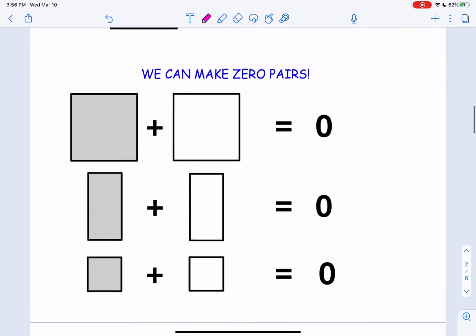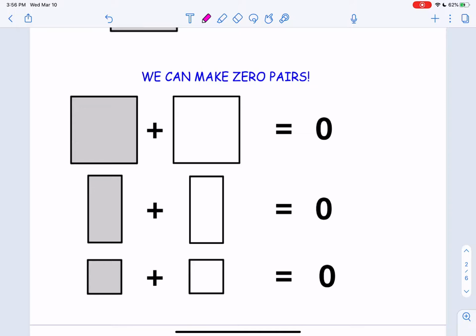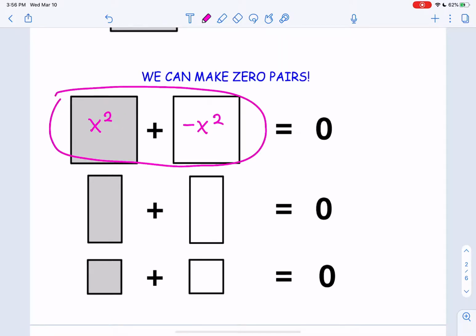Now, what do I mean by 0 pairs? Well, here you'll notice we have a positive x squared tile and a negative x squared tile. If we add them together, they're the same number but opposite signs, so we know when we add them together, it will equal 0.